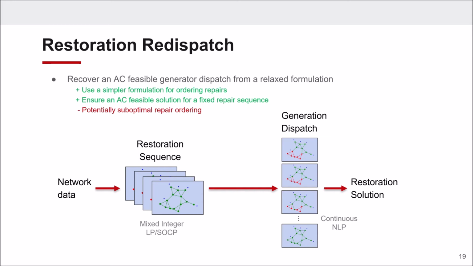There is potential for some suboptimal repair ordering here because we don't consider all those nuances of the full AC power flow equations, but we can guarantee AC feasibility at the end. And one thing to note is that when solving that generator dispatch problem, because all those repairs are now fixed, all those networks are independent of each other and can be all solved in parallel.